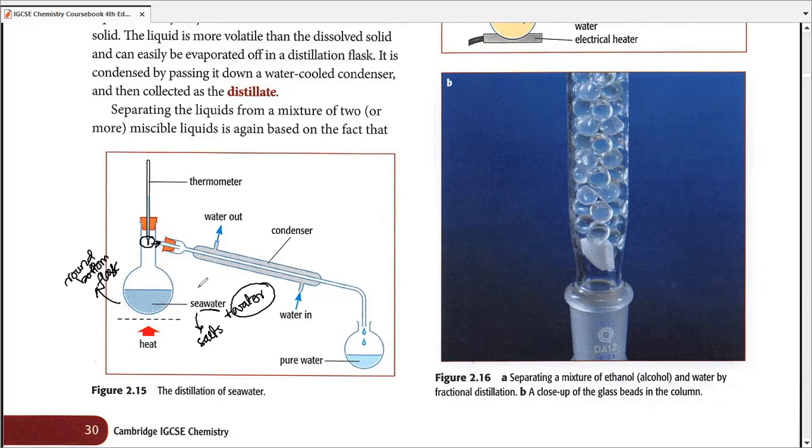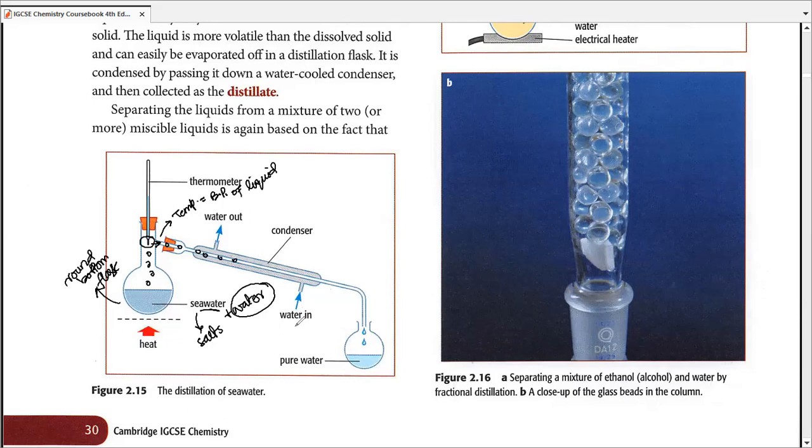All right. Why? Because this is the point where we need to note the temperature. If the temperature here is equal to the boiling point of the liquid, all right, this makes sure that the liquid vapors rise up and move all the way into the condenser through this tube.